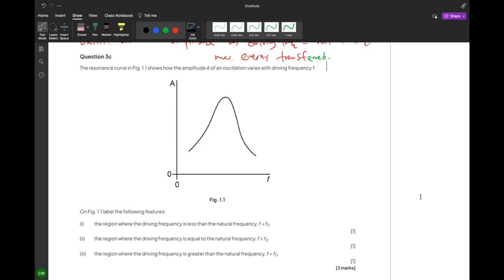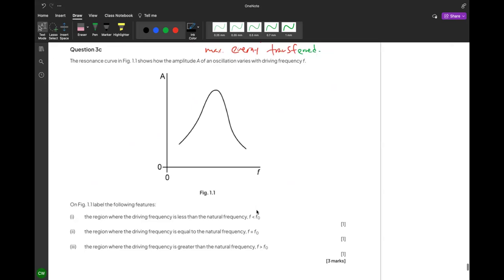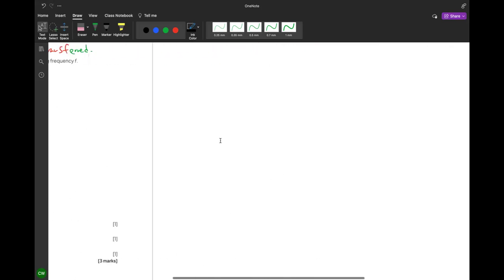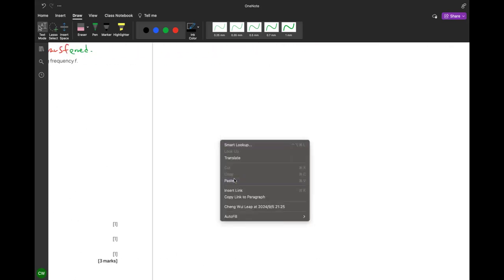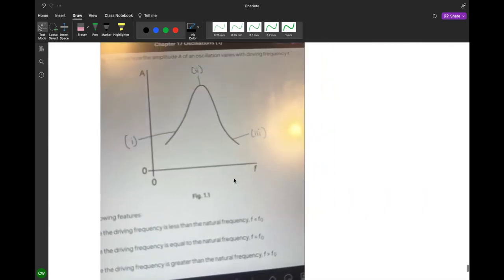Interesting. Okay. Correct, but not very correct. Almost correct, but you have to mark on them here.